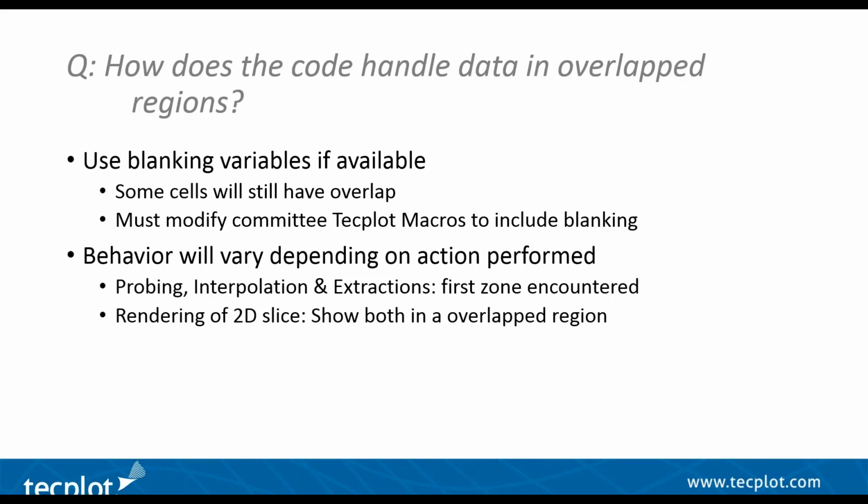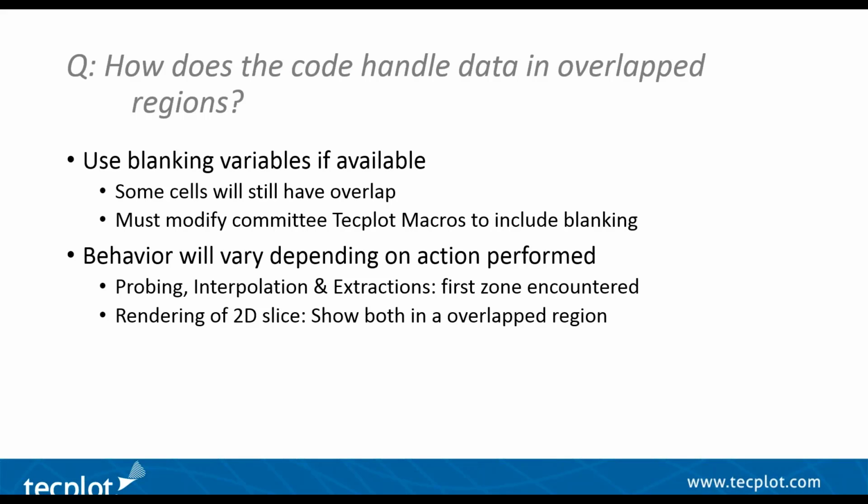So in those cases, the behavior of 360 will actually depend on the action performed. If you're probing, interpolating, or doing an extraction, it's actually the first cell of the first zone encountered.